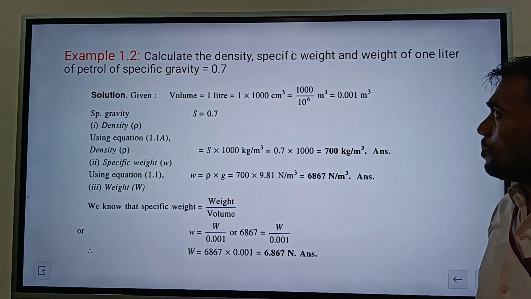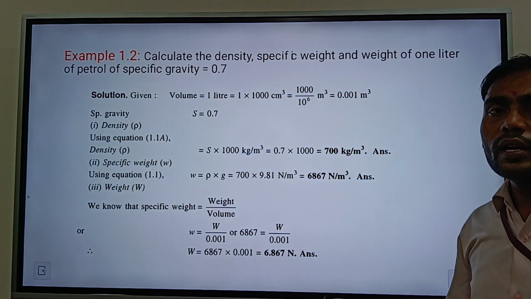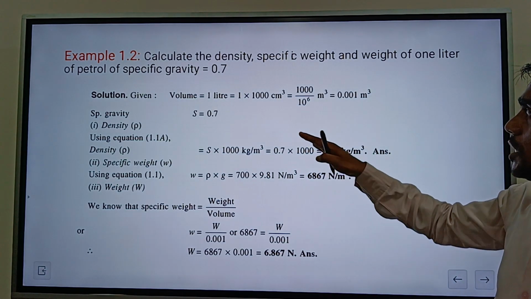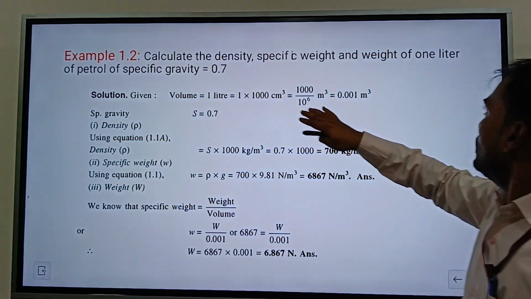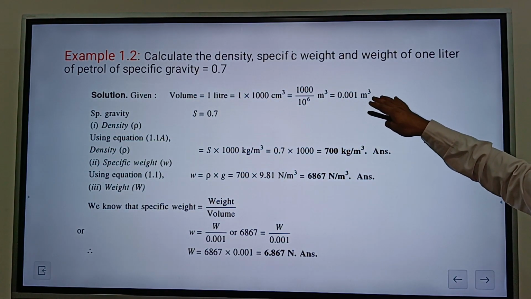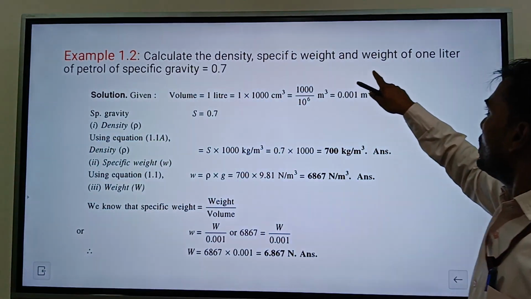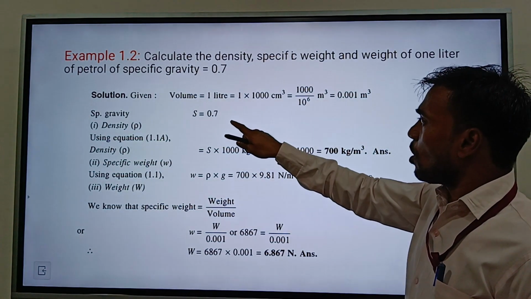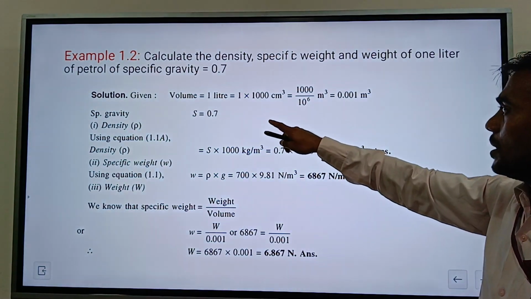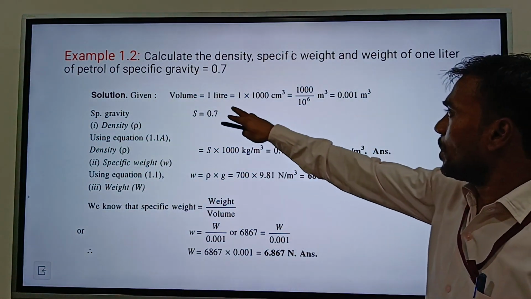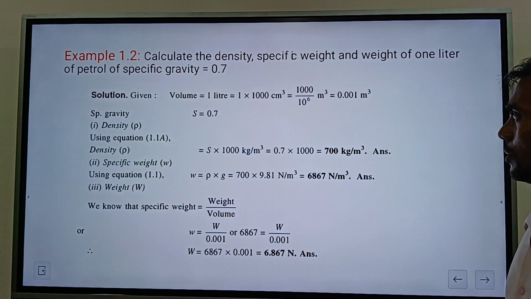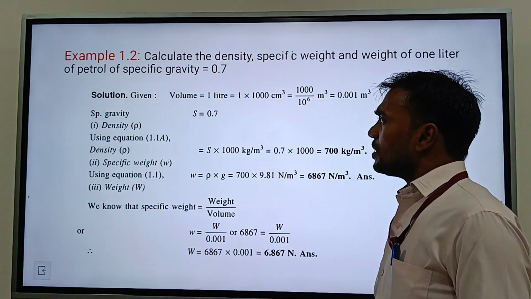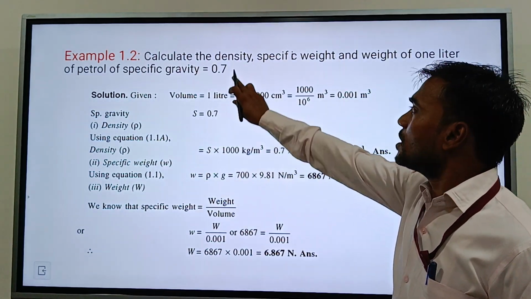In the previous problem, we had to calculate the specific gravity, but in this question, specific gravity is given, and further we have to calculate the density, specific weight, and weight of 1 liter. So in this problem, volume is already given, that is 1 liter, which can be converted into meter cube. Specific gravity, S equal to 0.7, is given.